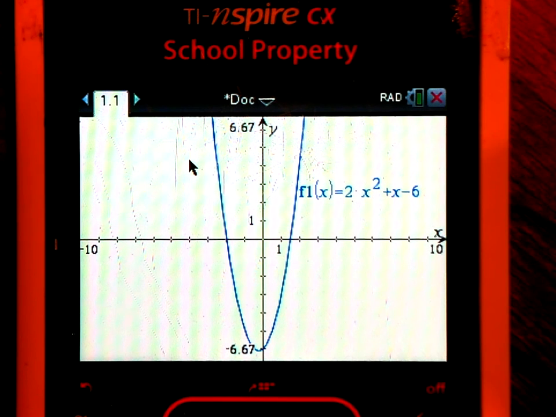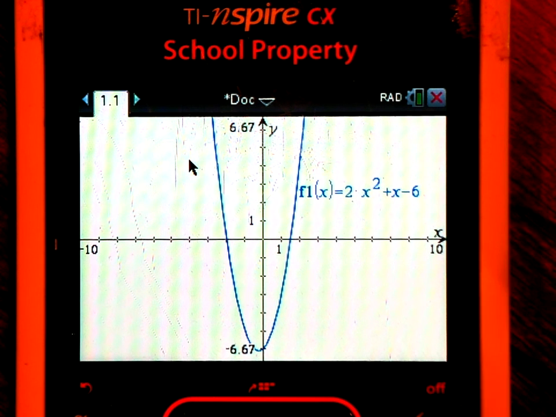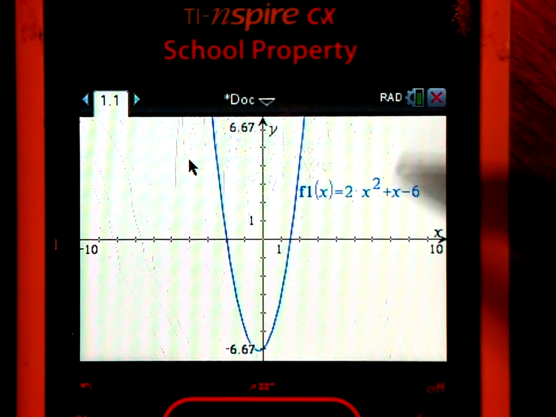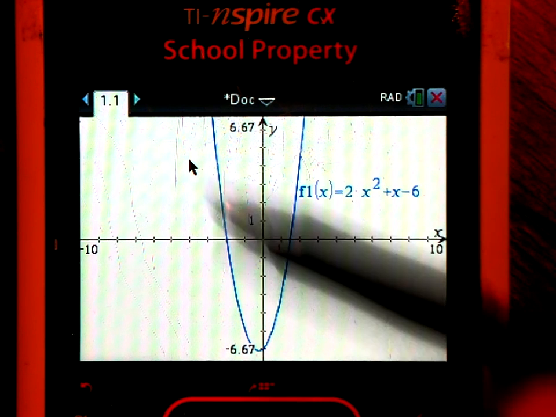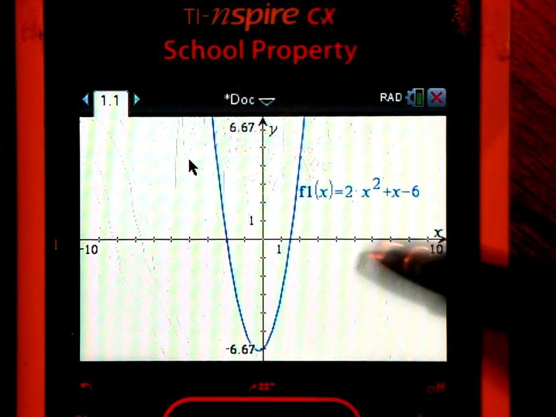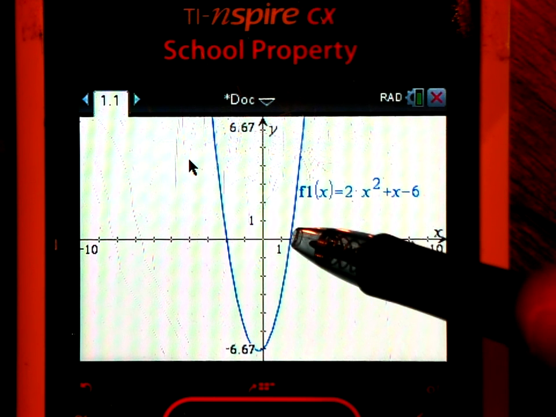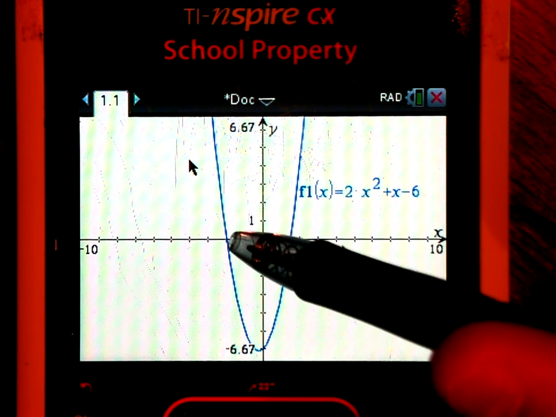And I'm still trying to find the roots, x-intercepts, solutions, solution sets. I'm still trying to find that thing. So I want to know at what values this curve is touching the x-axis. Is y equal to 0? I want to know what this spot right here is, where it crosses the x-axis, and this spot right here.